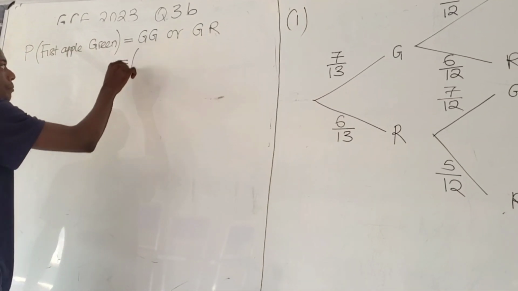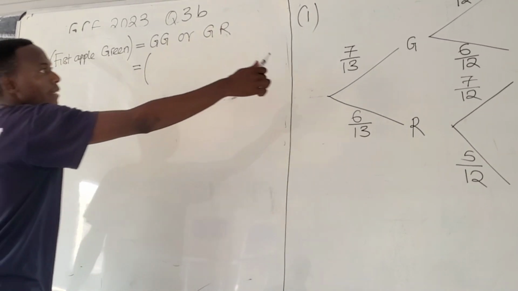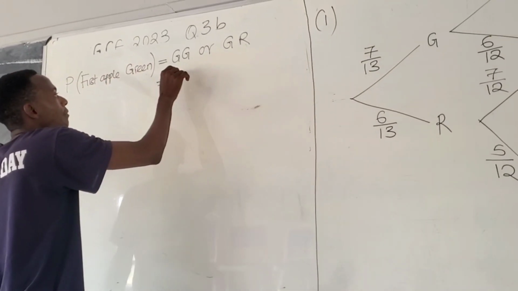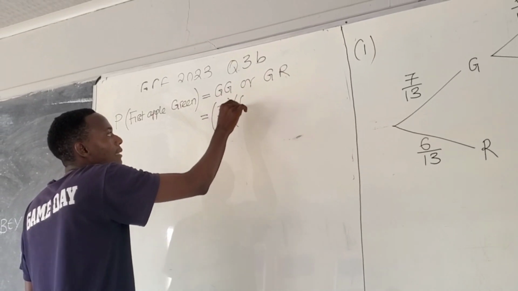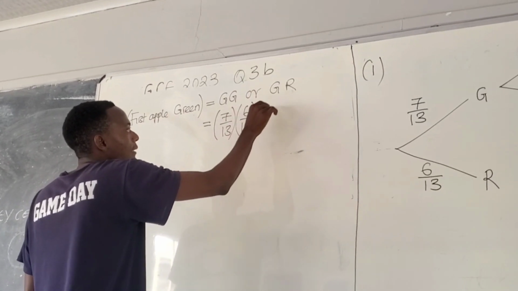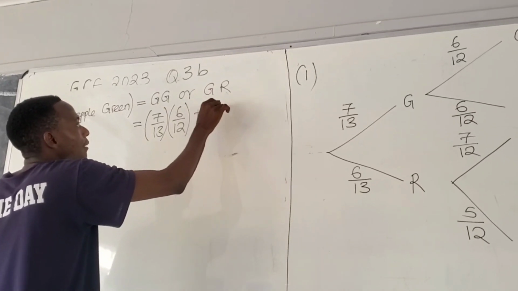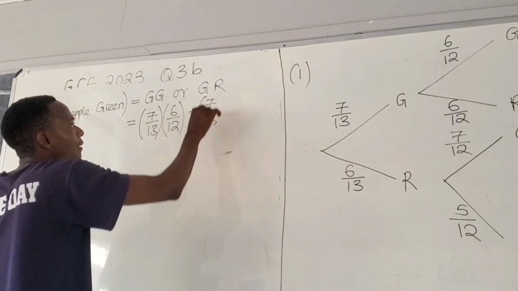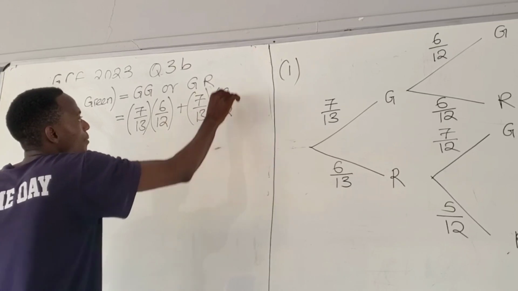Now we get the probability of the green apple is this one. We're going to do 7 over 13 multiplied by 6 over 12. The word "or" means plus. And then the second one is 7 over 13 multiplied by 6 over 12.